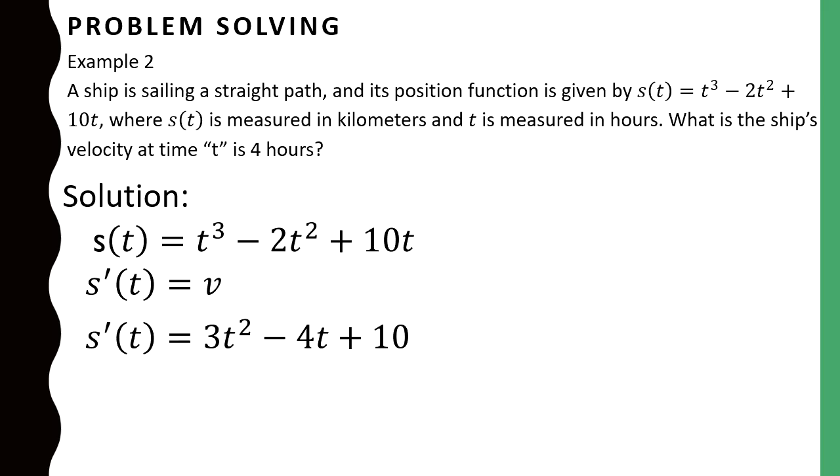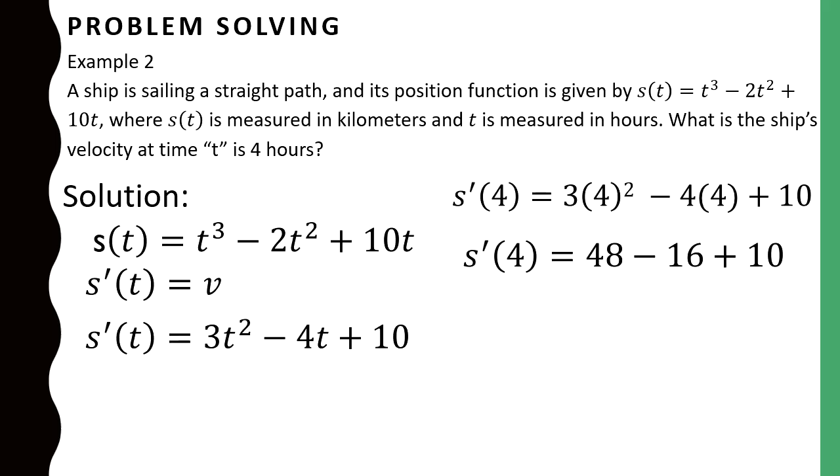Then, to find the speed at t equals 4 hours, we substitute 4 in our given velocity function. That is 3 times 4 squared minus 4 times 4 plus 10. To simplify, we get 48 minus 16 plus 10. Okay, and that gives us 42 kilometers per hour, because distance is measured in kilometers and time is measured in hours.